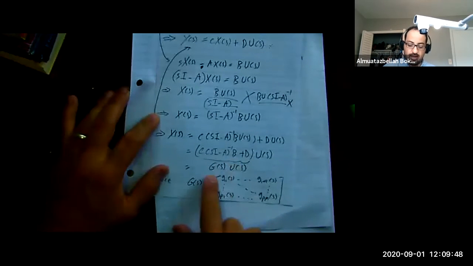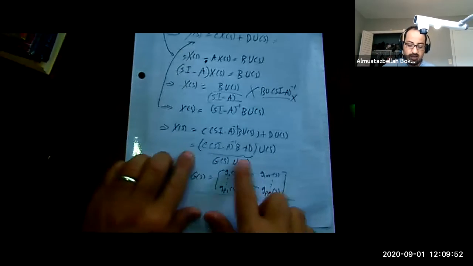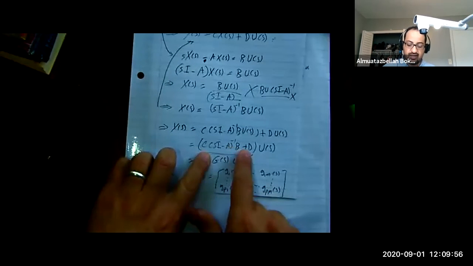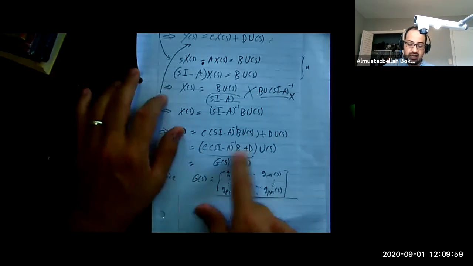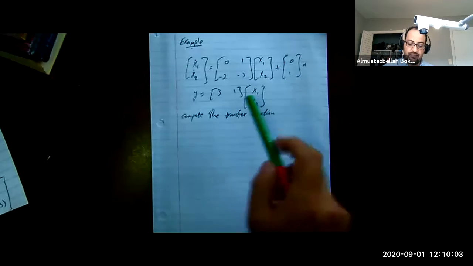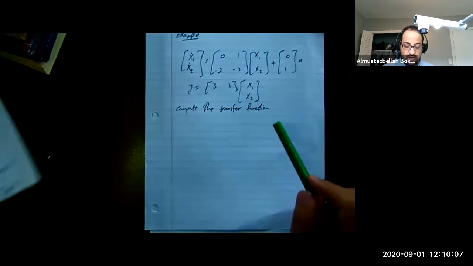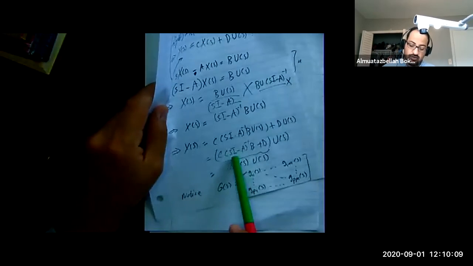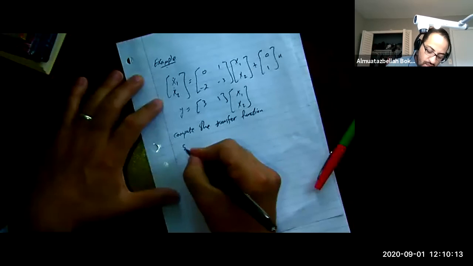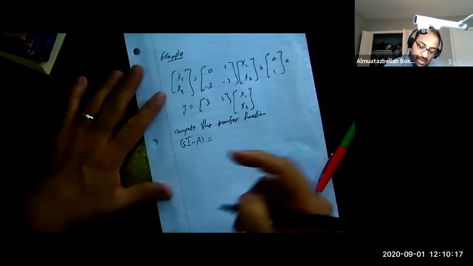I can go directly to this one here, which is my transfer function: C times (sI minus A) inverse times B, plus D. A, B, C are given, and D is equal to 0. I only need now to compute this, so I will start with sI minus A.